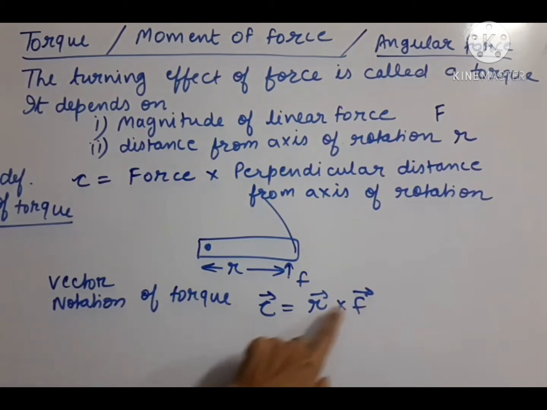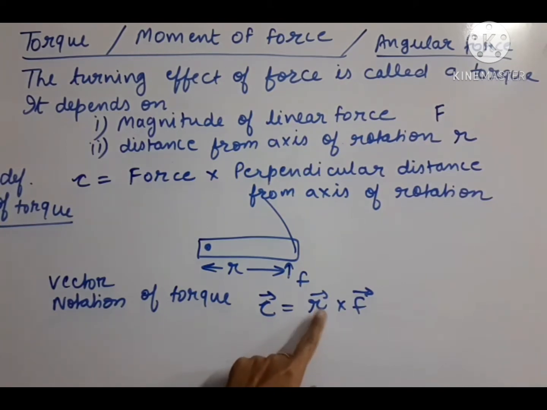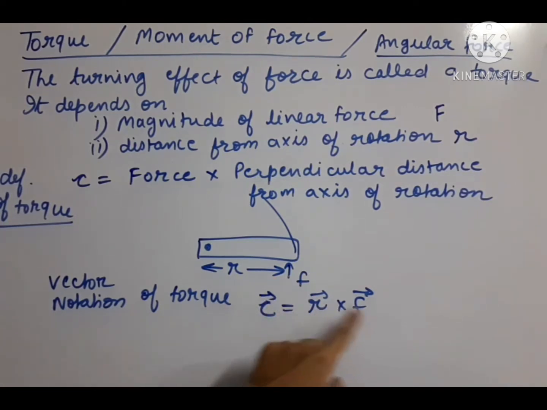So the two vectors are multiplied by cross product, and then the resultant quantity torque appears. So the torque quantity is also a vector quantity because it is also a kind of force. Since the product of r and F makes torque and torque is a vector, there should be a cross product between the two input vectors. So the torque formula is r cross F.